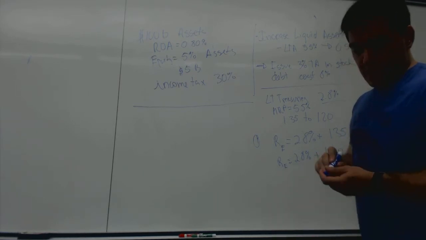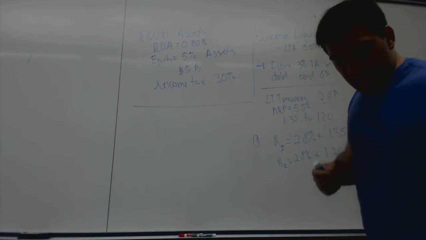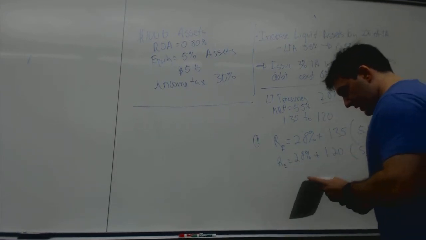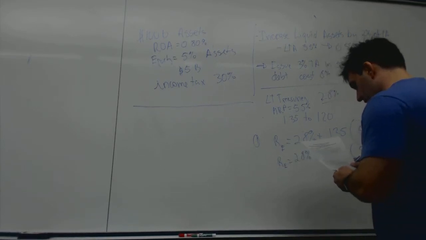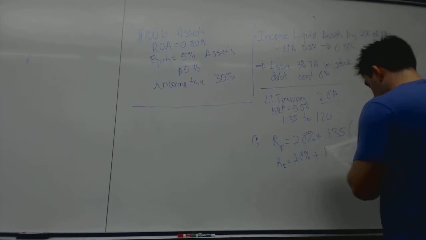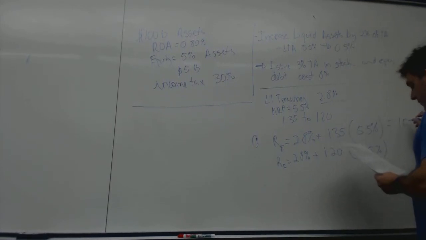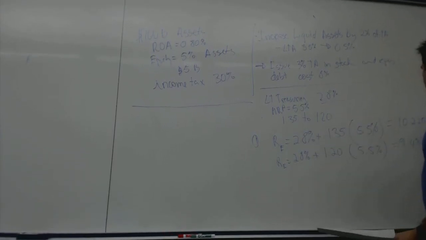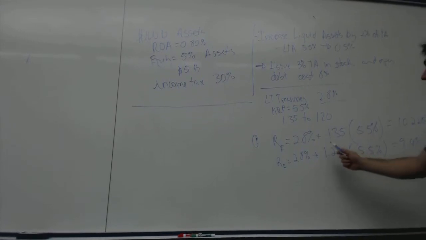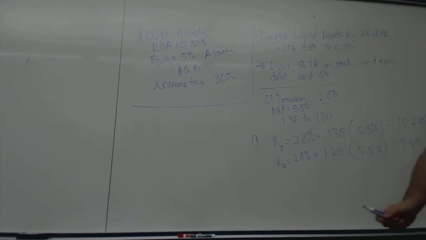That gives us 10.225 and 9.4. So with the changes, our cost of equity declines because our volatility of returns declines, and therefore the lower risk, lower return, our cost of equity decreases.